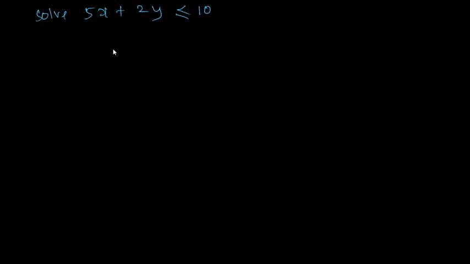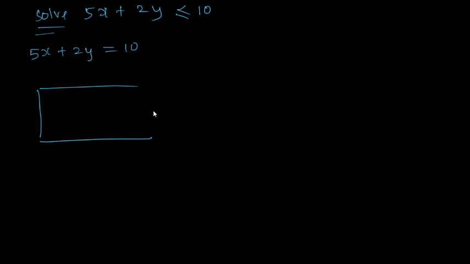This should be solved by the graphical method. You can solve this by taking 5x plus 2y is equal to 10, and we can draw the table of values by taking x and y values.